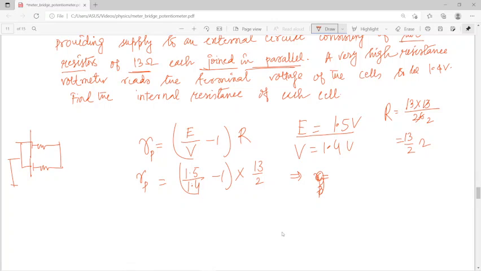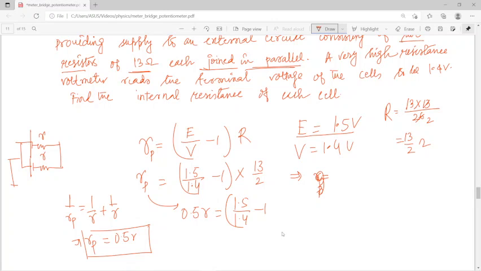So 1 by Rp equals 1 by R plus 1 by R, and in that case we get the equivalent internal resistance as 0.5 R. So if we place 0.5 R equal to (1.5 by 1.4 minus 1) times 13 by 2, then we will get the value of R, and that will come out right there. So this is the corresponding answer.